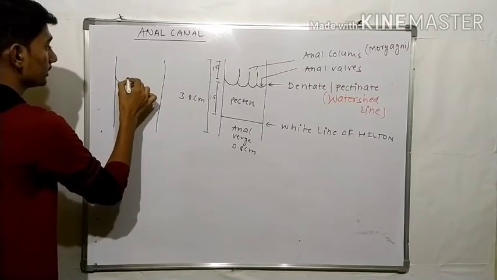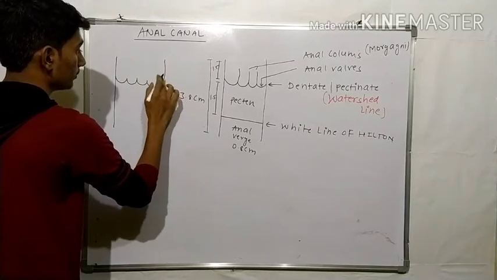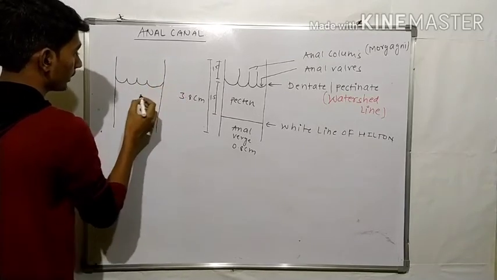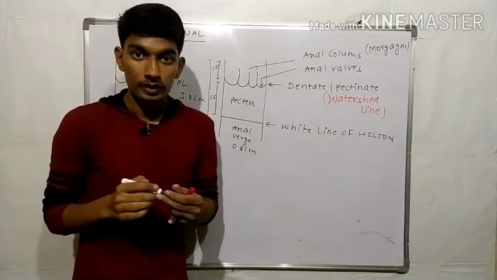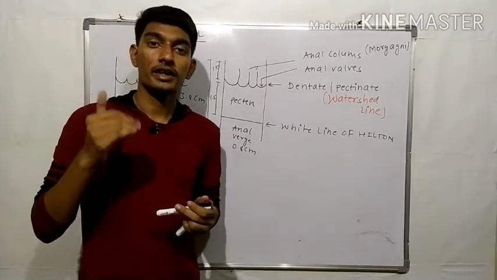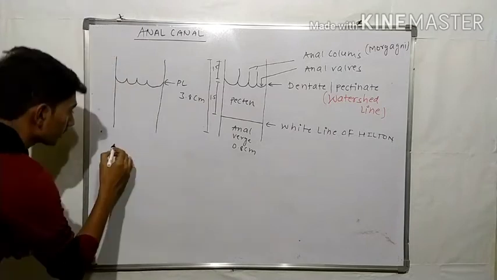This line is pectinate line. Now, the part above the pectinate line is derived from endoderm of cloaca. So I will write here.